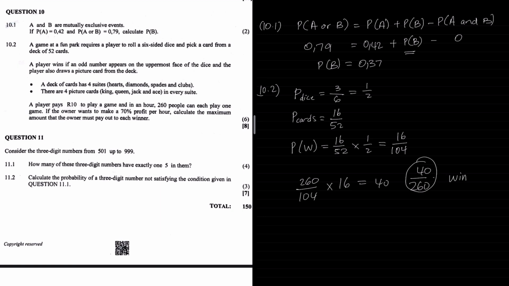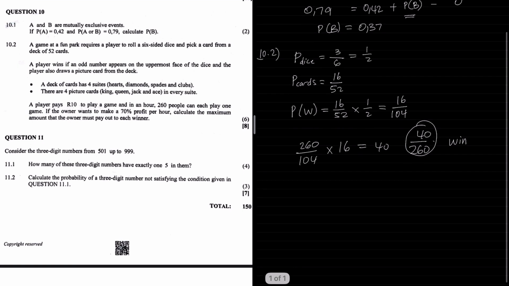Okay. We're not done yet. So now we need to focus on the money aspect. So there's 260 people who are going to enter and 40 would win.